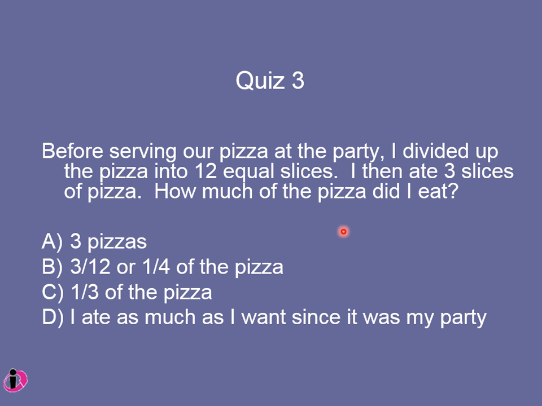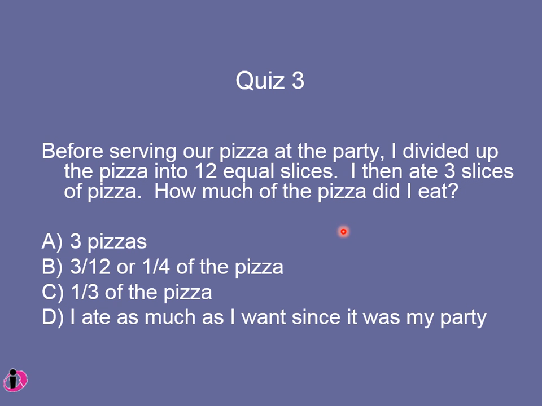So one of the slices is 1/12, right? Since you divided the pizza into 12 slices. Then I ate 3 of the slices. So I'm doing this because I took 1/12 three times, because I ate that many. And then you can write 3/12, okay? Now, if that is the case, your right answer should be B, right?